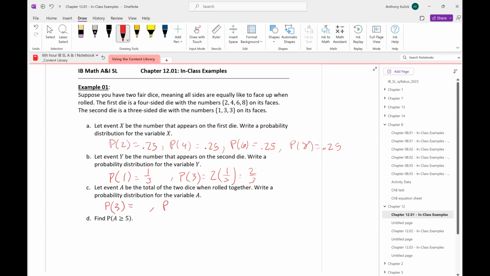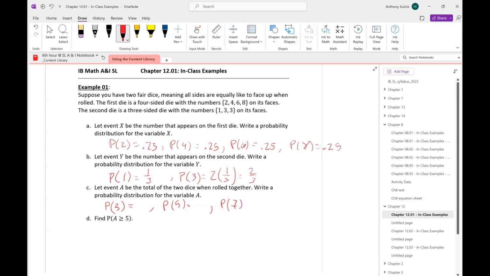Okay, what's the next smallest number we can get? 4? No, I don't think you can get a 4. 5. Again, 1 plus 4 or 2 plus 3. What else can we get? 7. 7, good.